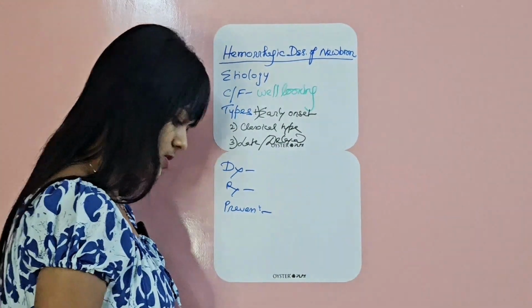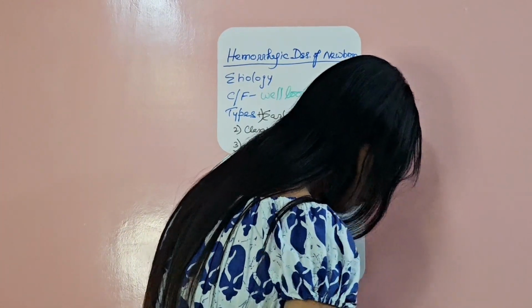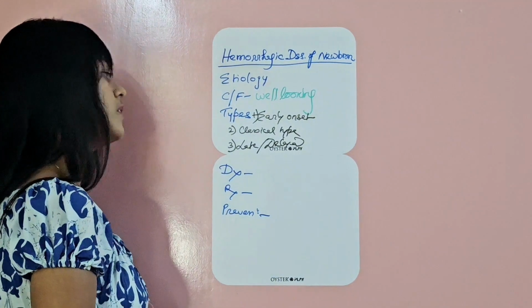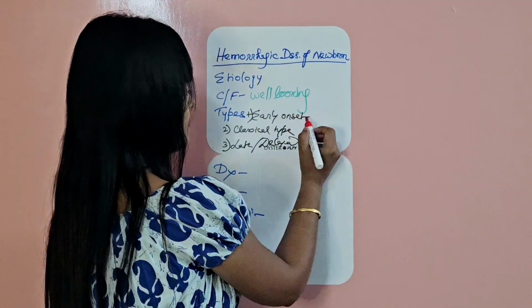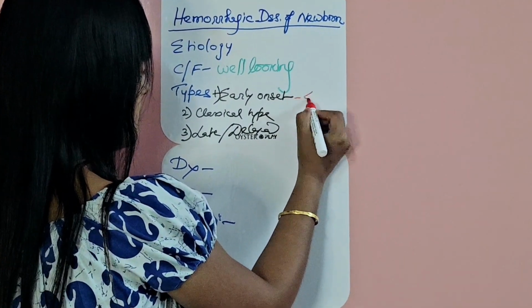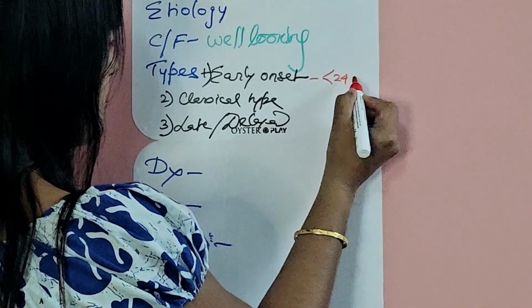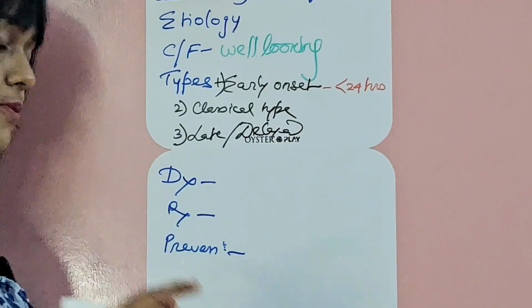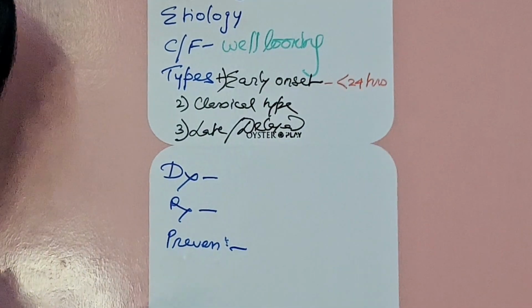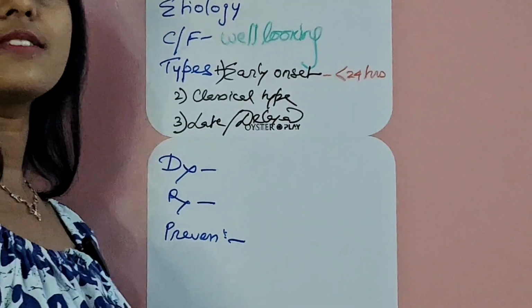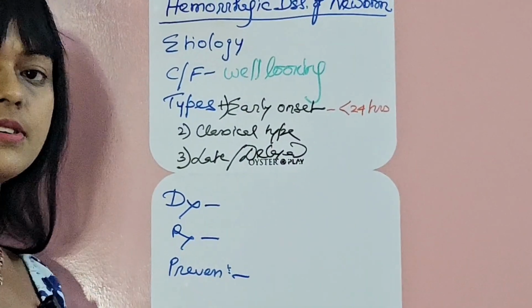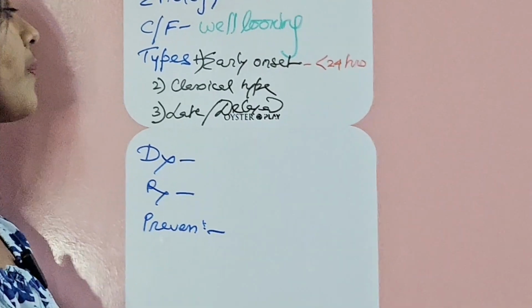So what is early onset? If the bleeding starts within the first 24 hours of life, then you will stamp it as early onset hemorrhagic disease of newborn.